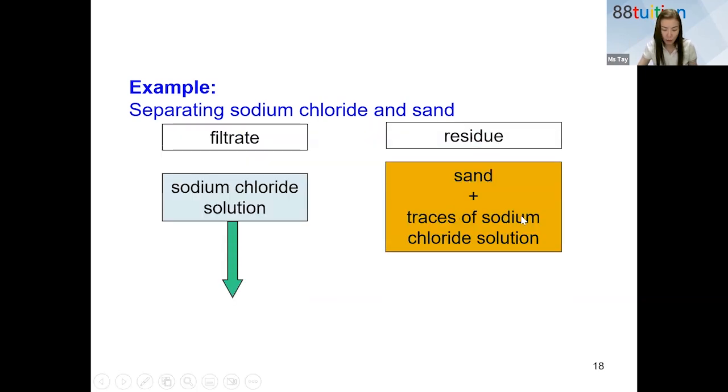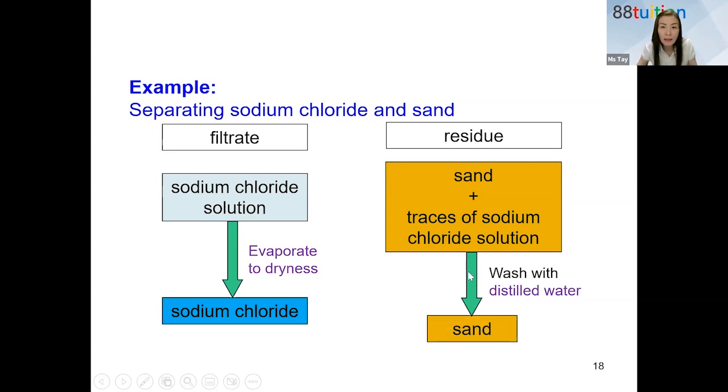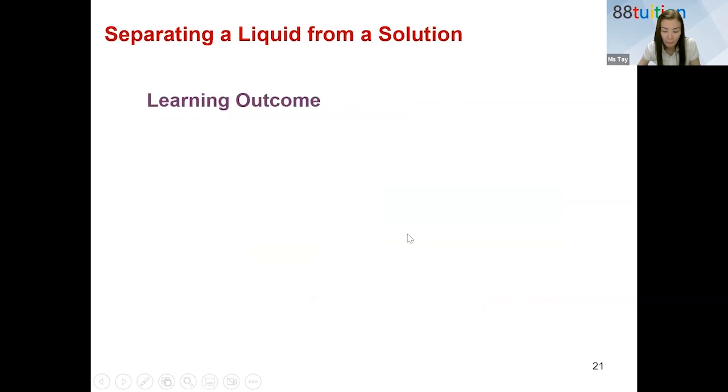And then the next thing you do is, for sodium chloride solution, evaporate to dryness, then you get your sodium chloride, the salt. Whereas for the residue, the sand, we will rinse with a little bit of distilled water, and that will remove the sodium chloride solution. So you get your sand as well as your salt. So this is where we stop actually.